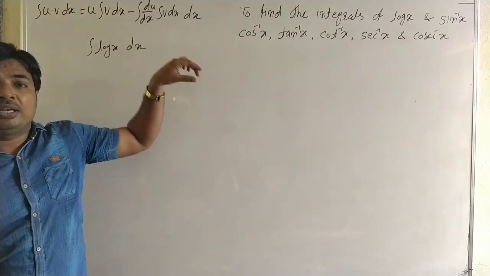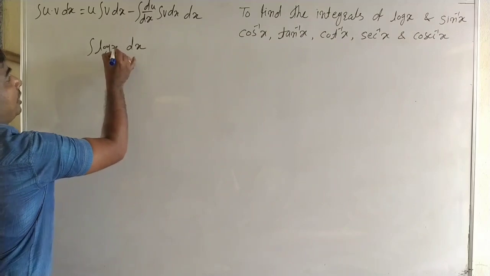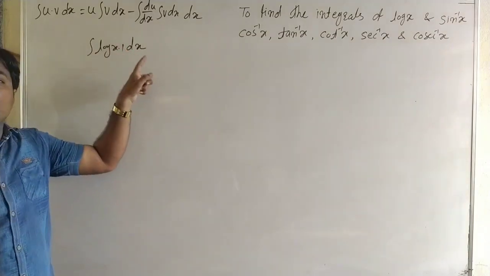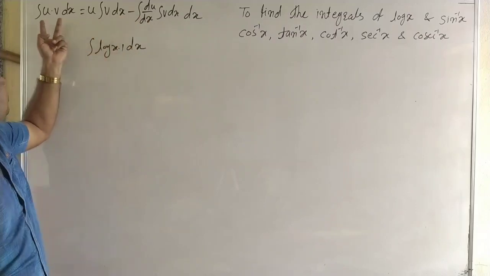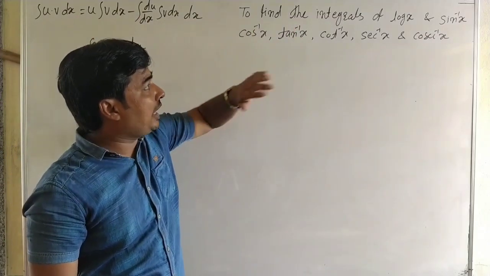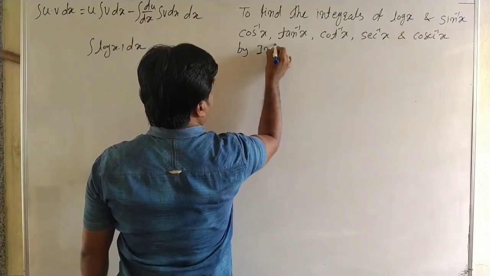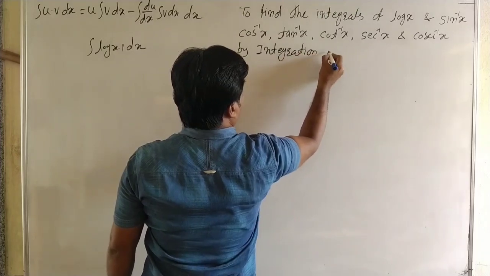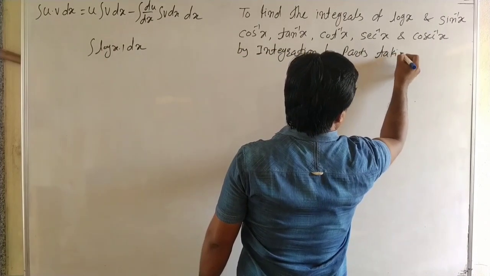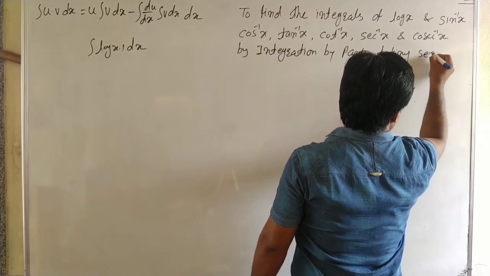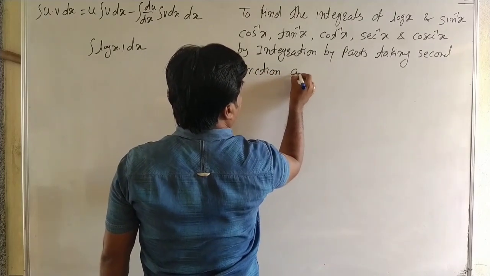The method to find the integral of logarithmic and inverse trigonometric functions by integration by parts is to take the second function as 1. So we take log x into 1, where log x is u and 1 is v, and then we use the integration by parts formula.